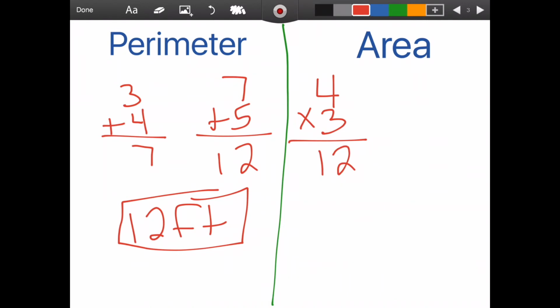Now remember, when we're talking about area, we're talking about 12 square feet. And we've talked about how big a square foot is. It's about the size of one of those tiles in our classroom. It's a square that is a foot long and a foot wide.